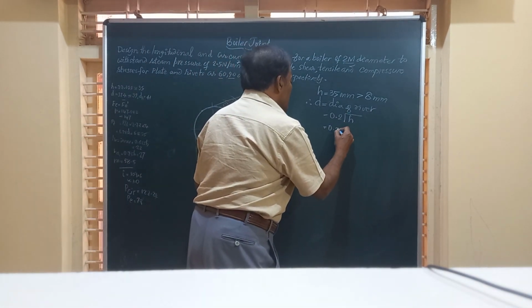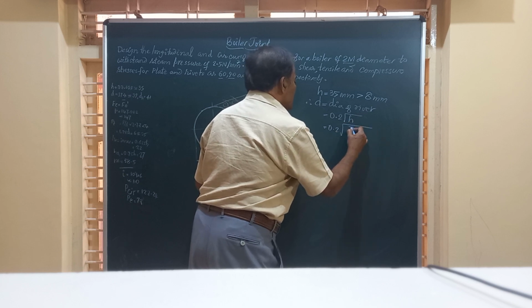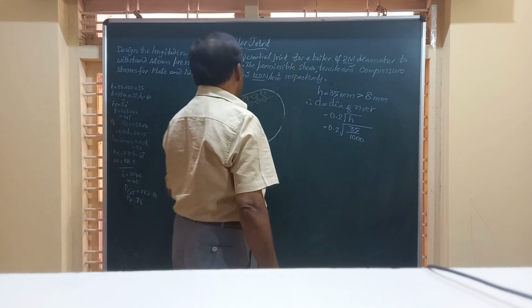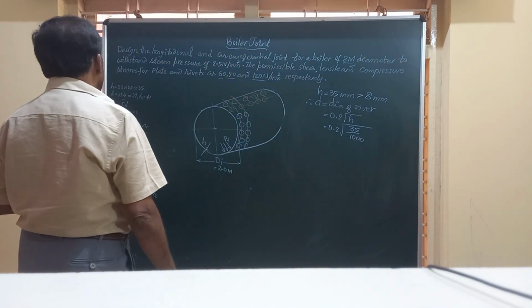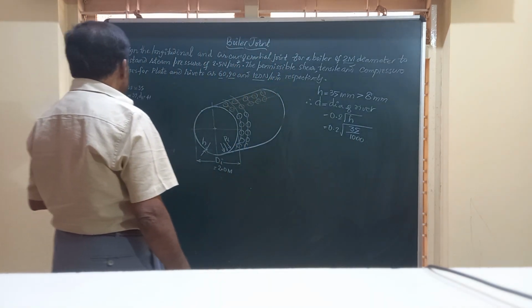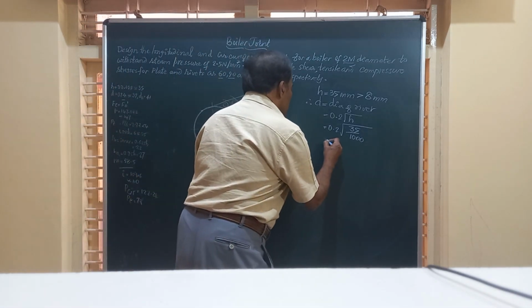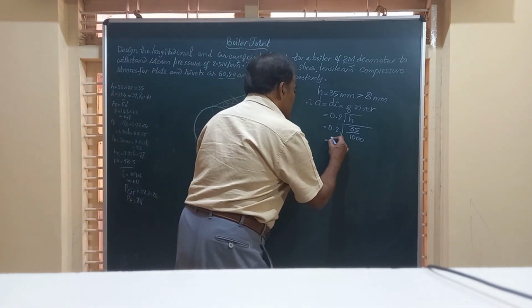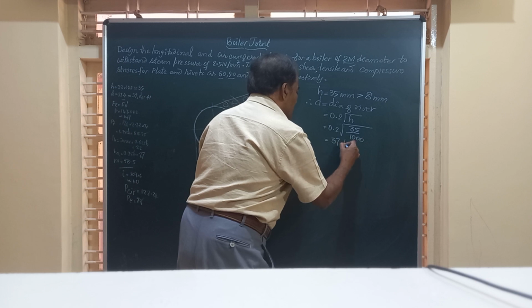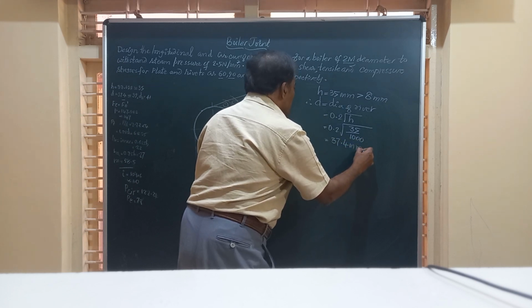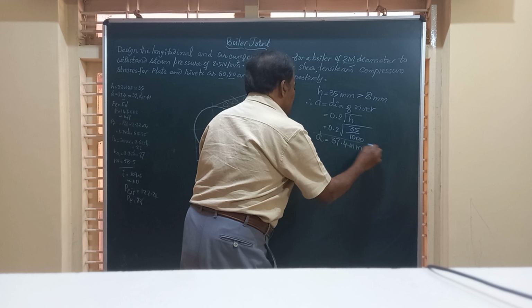So 0.2 times root of 35 mm divided by 1000 to convert that to meter, and this works out to 37.4 mm after conversion. This is the diameter of the rivet.